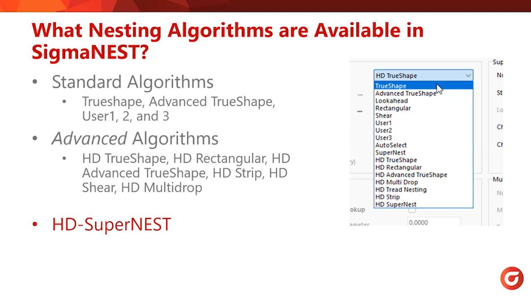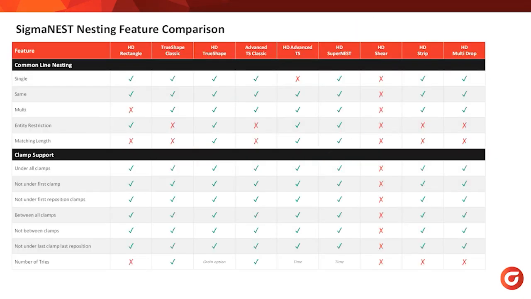Examples of these include HD TrueShape and HD Advanced TrueShape. But we didn't stop there. Taking nesting optimization to the next level, we developed HD SuperNEST, a powerful nesting engine designed to achieve exceptional material yields while remaining simple to use. With just the click of a button, users can generate highly optimized nests that significantly reduce scrap and maximize sheet utilization.